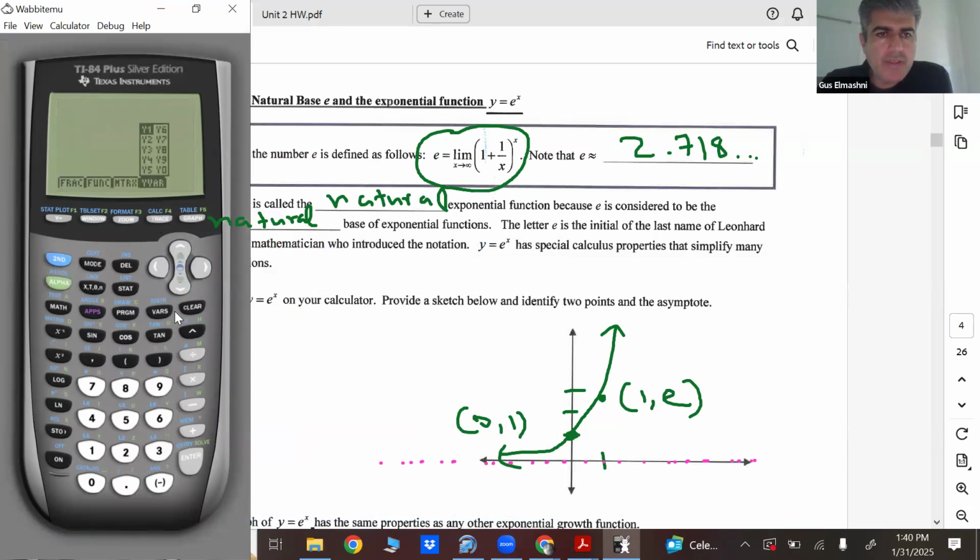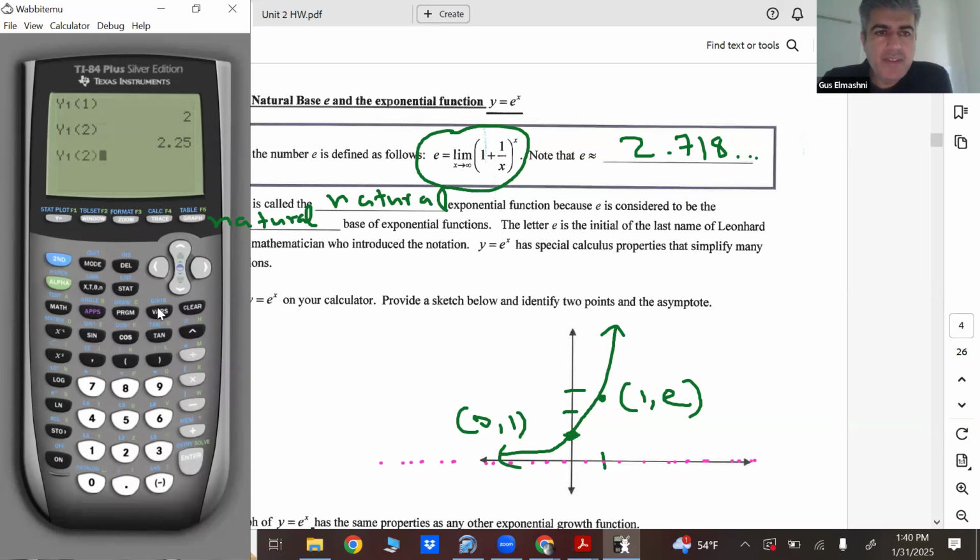Now, if I plug 1 in, that makes sense, right? You're doing 1 plus 1 over 1 raised to the 1 power. If I plug 2 in, what do you think I'll get in this case? 1.5 squared. So you know what that is?